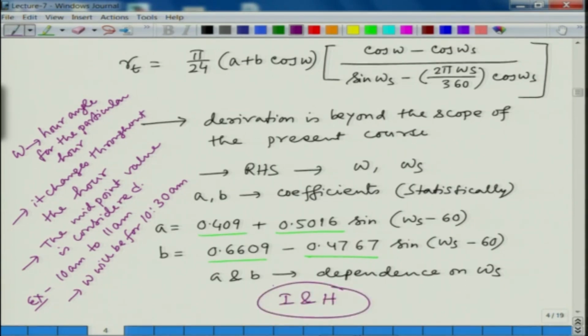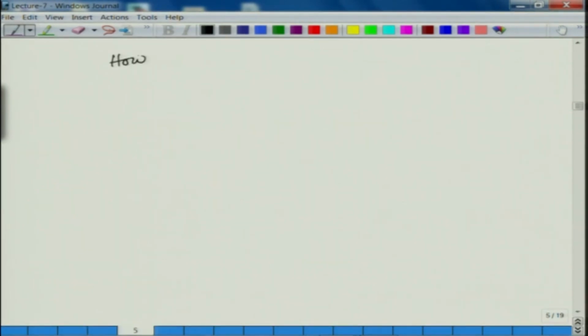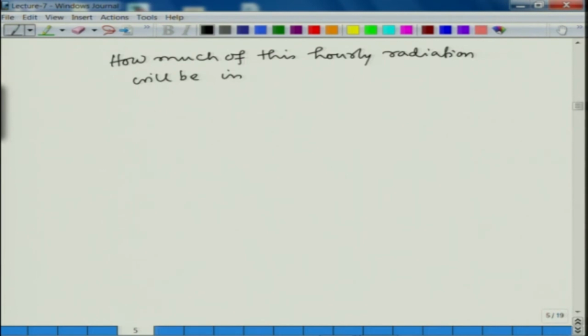Okay. Now, one small piece of information is still left, which is how much of this hourly radiation will be in the form of diffuse radiation.